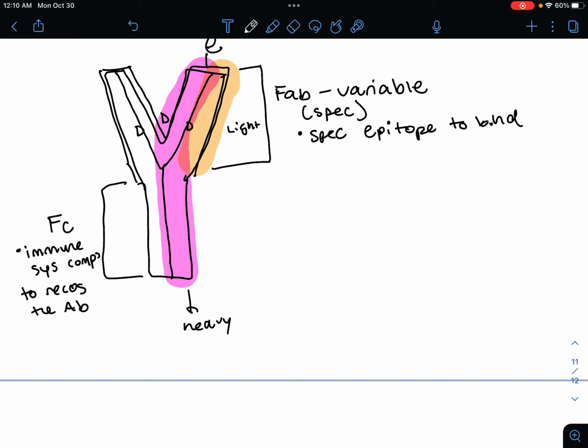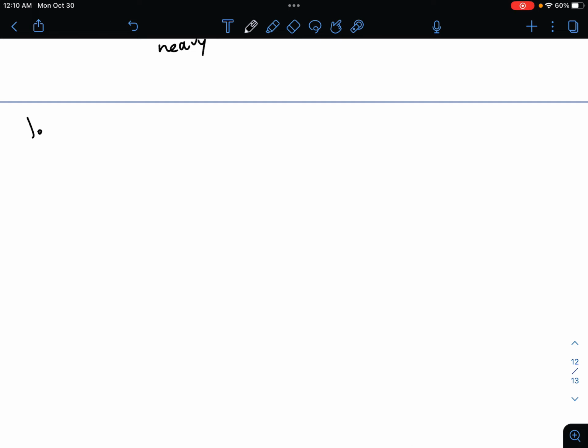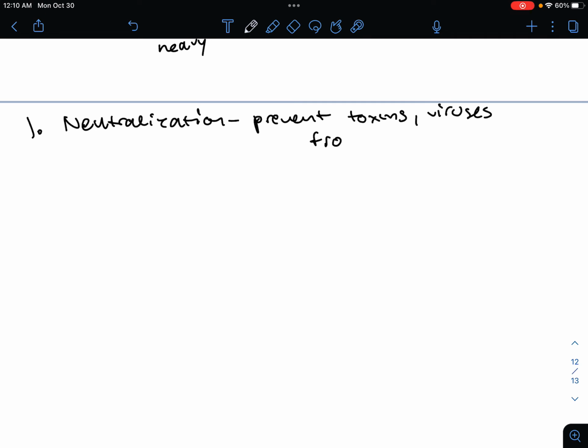Alright, functions of antibodies. There are actually 6 of these, so we're just going to list them. There's neutralization. And this is going to prevent toxins or viruses from binding to the cells.